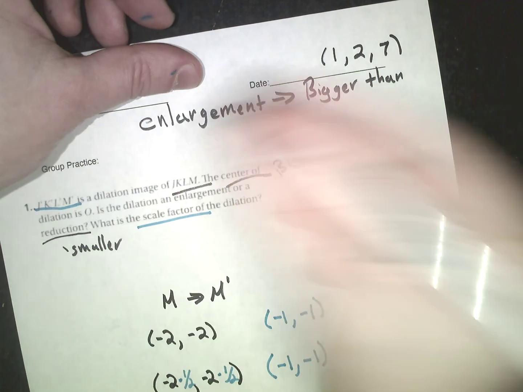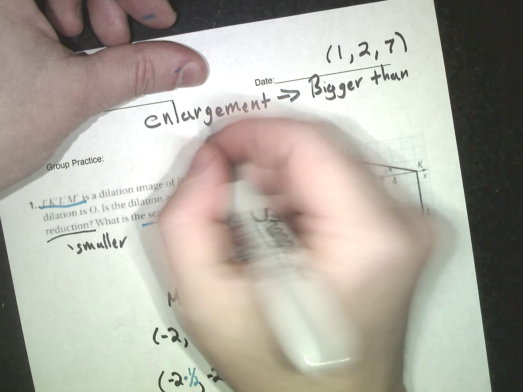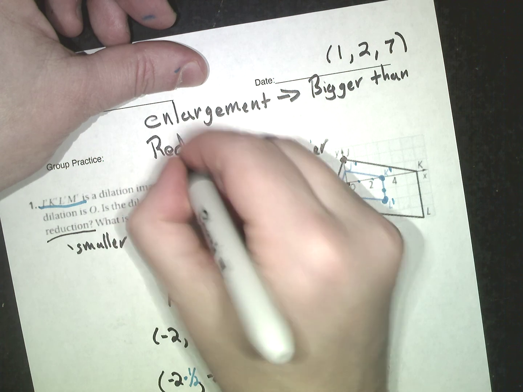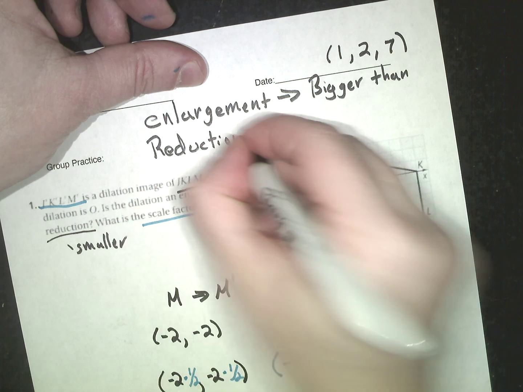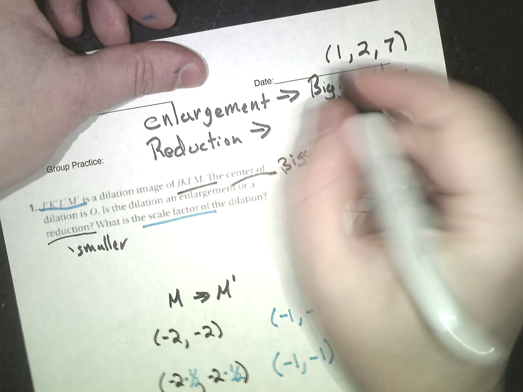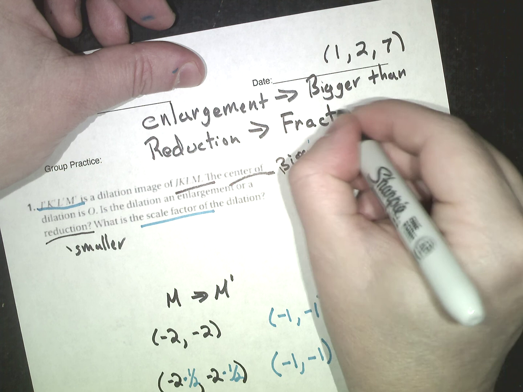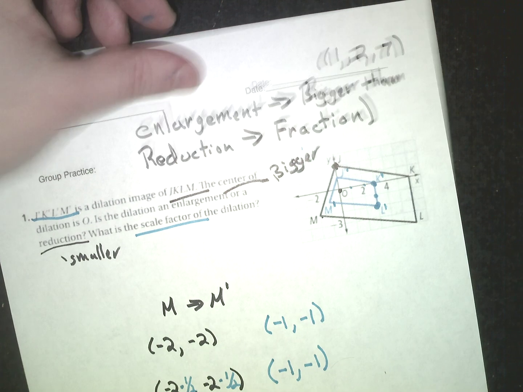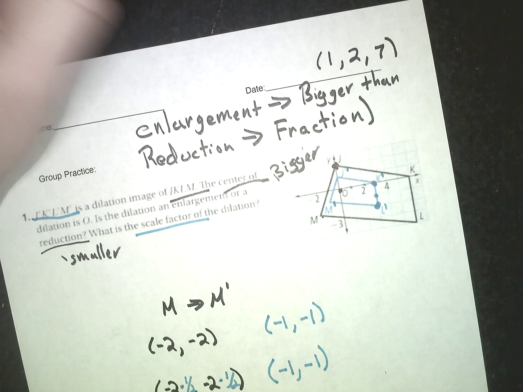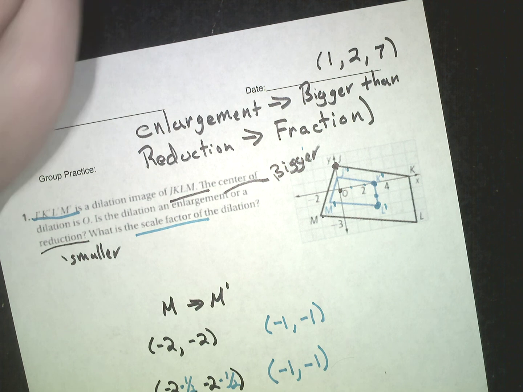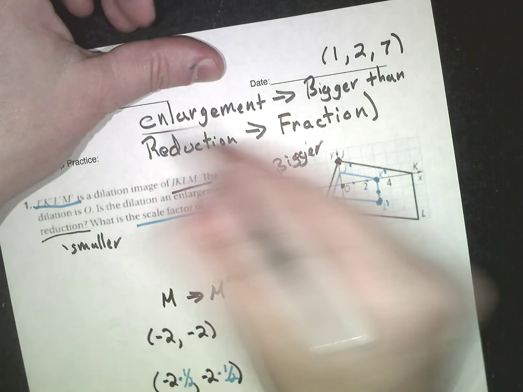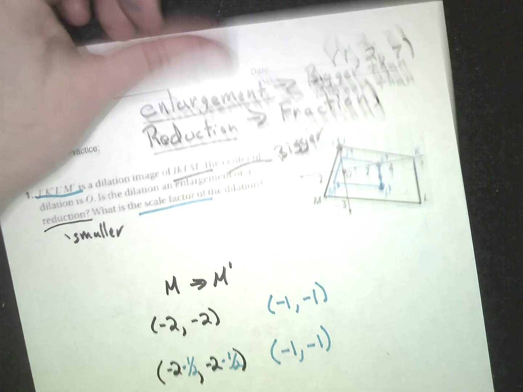Now, if it's a reduction, it is a number that's a fraction. So if something's reduced, it will be a fraction. If something's increased, it will be a number bigger than 1, like 1, 2, 3, 4.5, 17, 1 million. Then it's an enlargement. If it's a reduction, it's going to be a fraction.